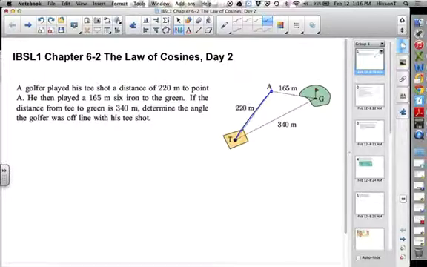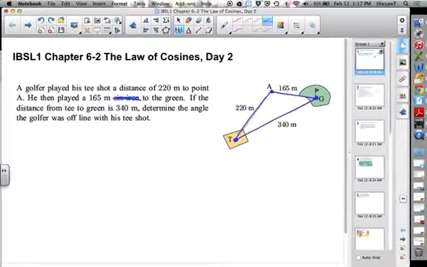Again, it doesn't matter if you know what this means or not. He went from here to here, and it was 165 meters. Now, the distance from the tee to the green was 340 meters in a straight line. Unfortunately, he didn't go in a straight line.